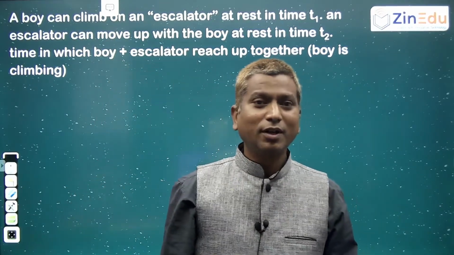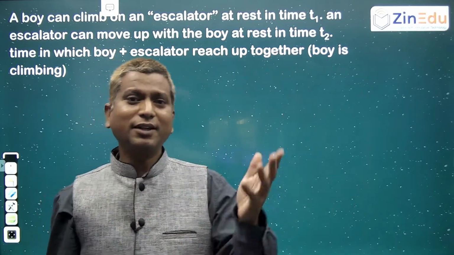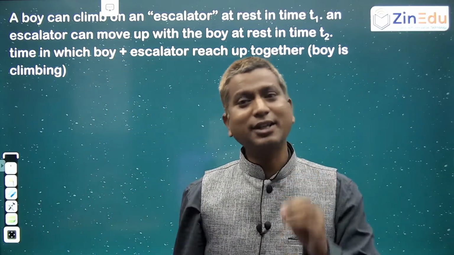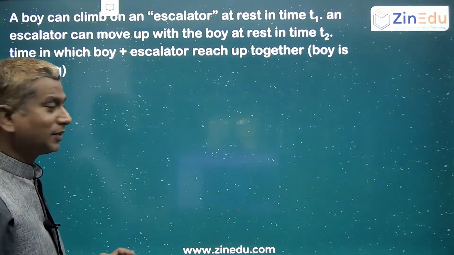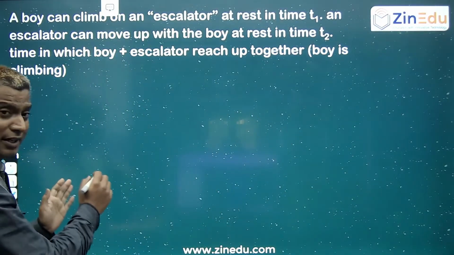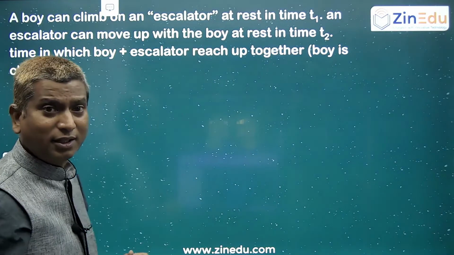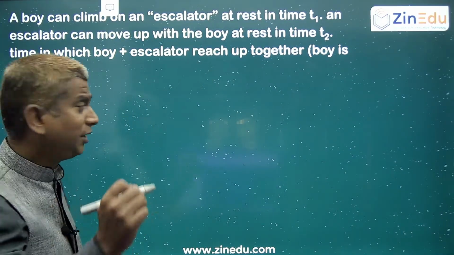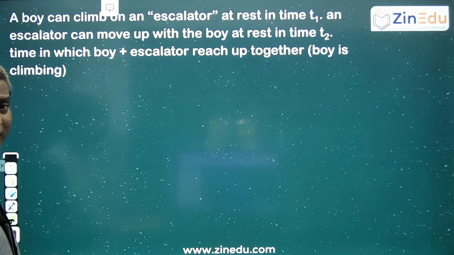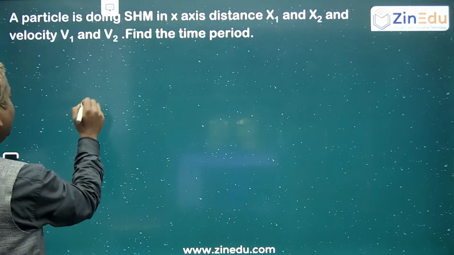Now when the boy is also moving and the escalator is also moving, definitely it will take less time. How much time is that? Clear? So first, the escalator is at rest, and the boy is only walking on the escalator. So let us say he is walking with a speed of v1. Okay, so v1.